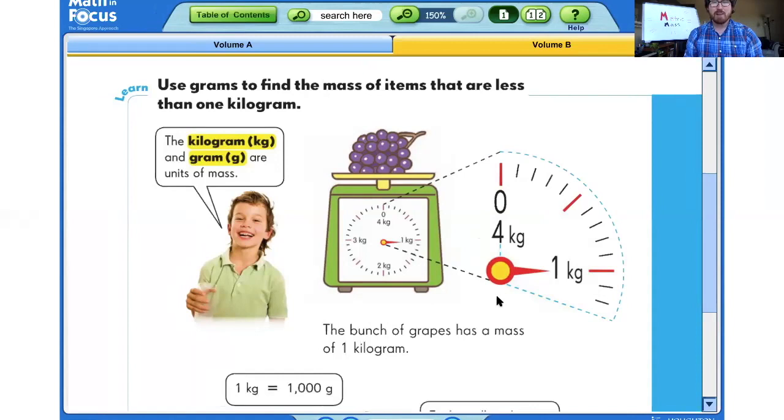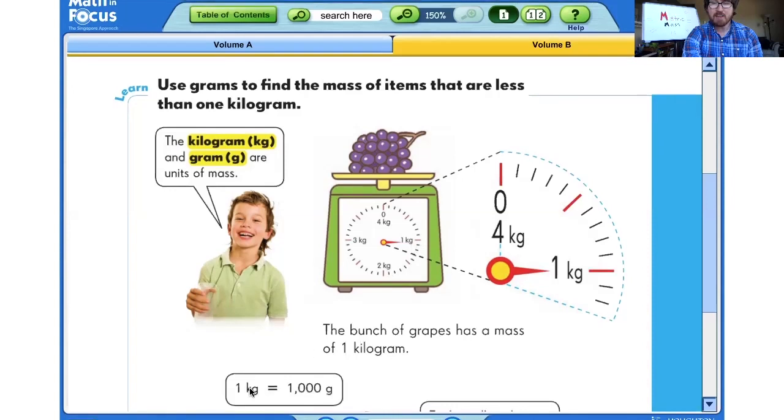So here we have someone who's measuring a bunch of grapes. And they put it on a scale to see how many kilograms this bunch of grapes weighs. So if you look right here, 0 to 1 kilogram. The arrow is pointing at 1 kilogram. So we've got to make sure we look at the scale, at that arrow right there, and we see that it says 1 kilogram.